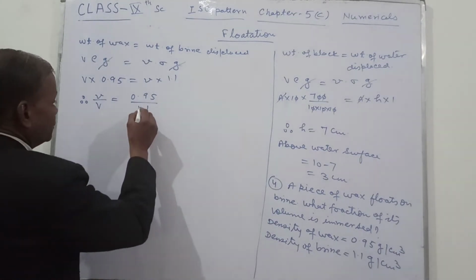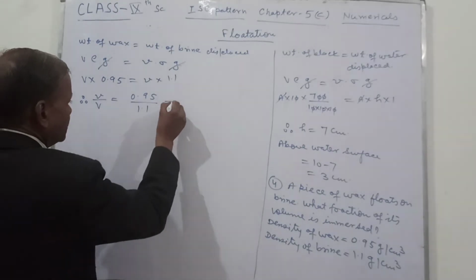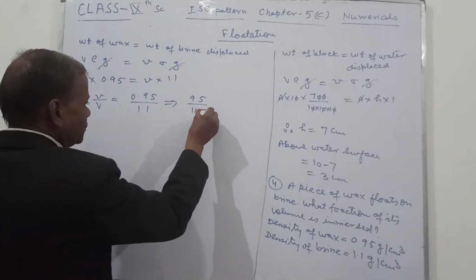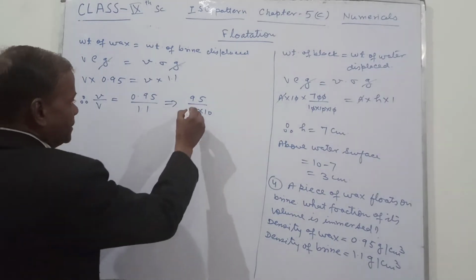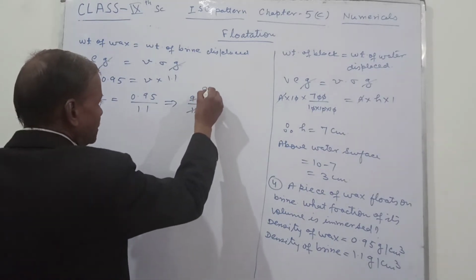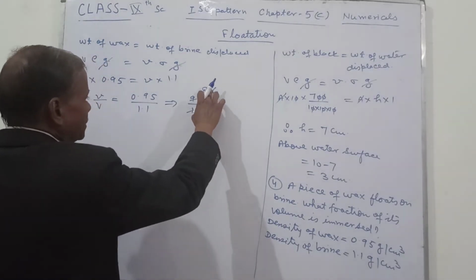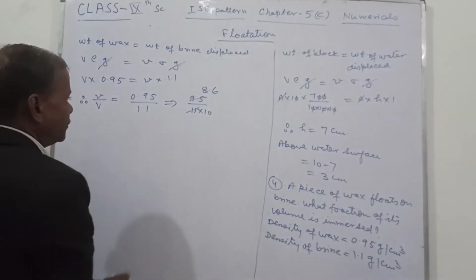So just remove the decimals. This is 95 upon 11 into 10. Then this comes out to be approximately 8.6.